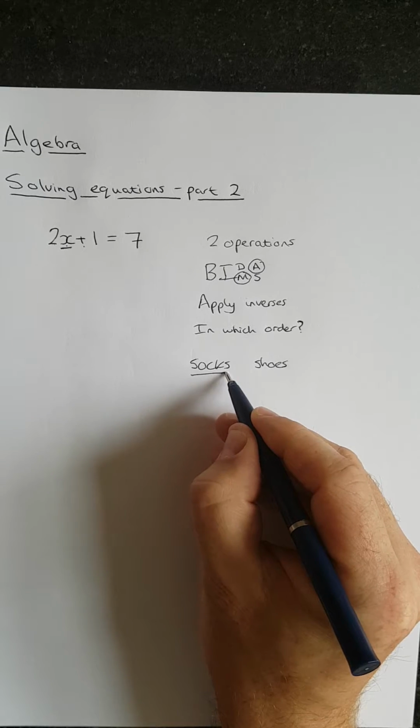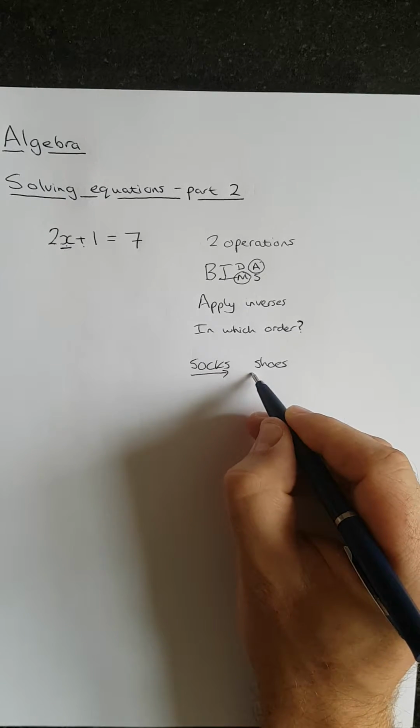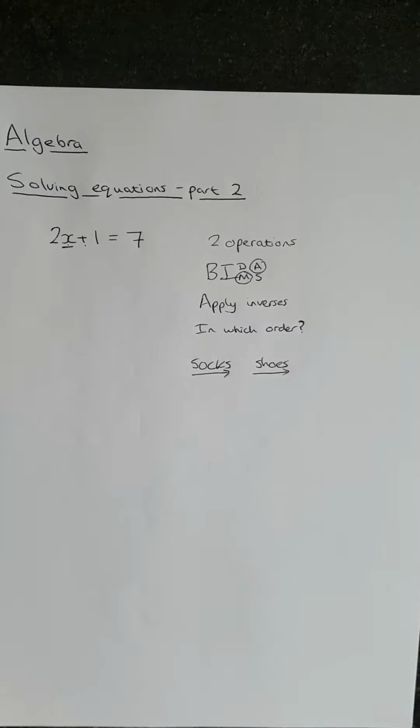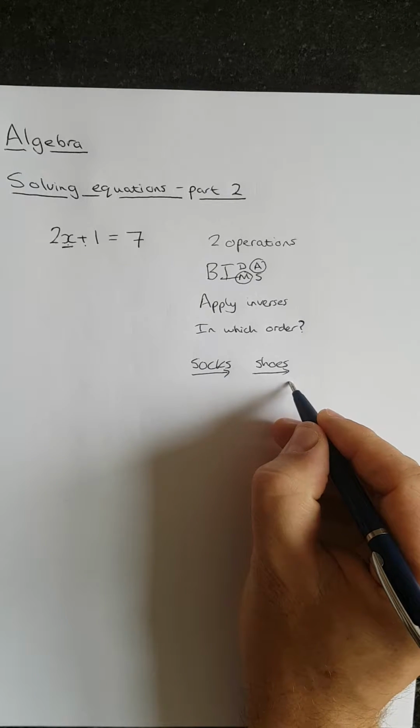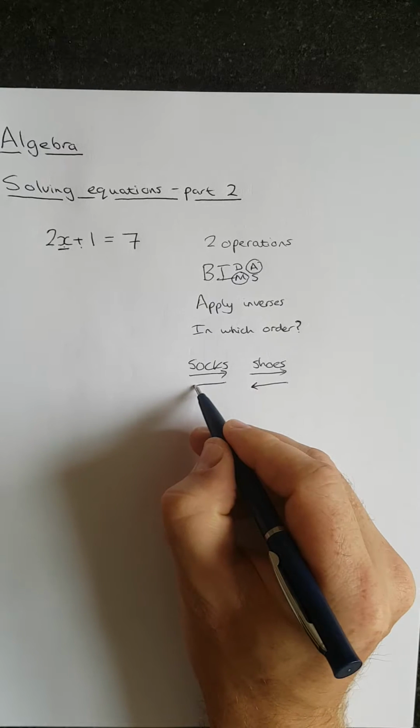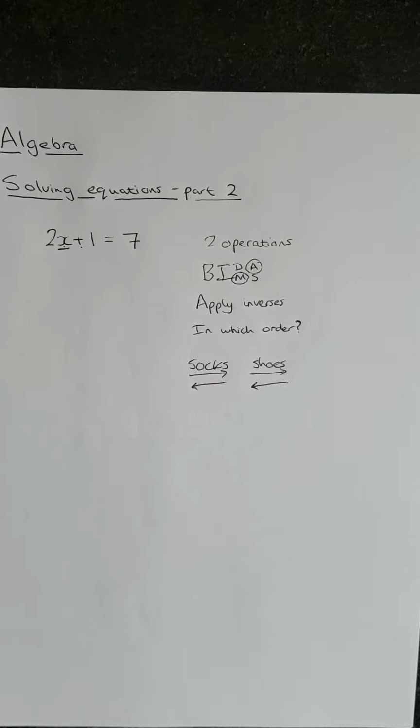You put your socks on first, and then you put your shoes on. In what order do you take them off? You take your shoes off first, and then your socks. Let's see if this analogy works here.